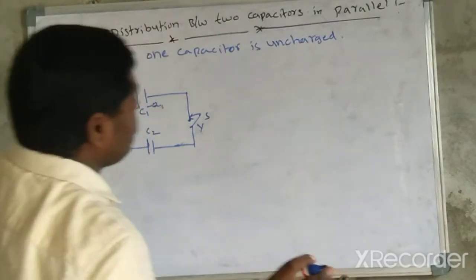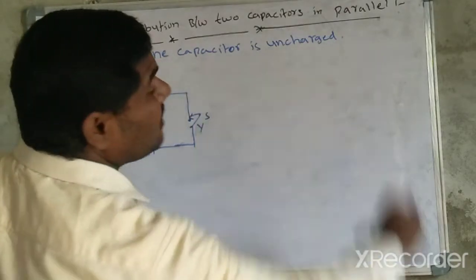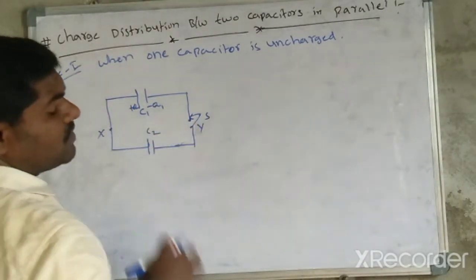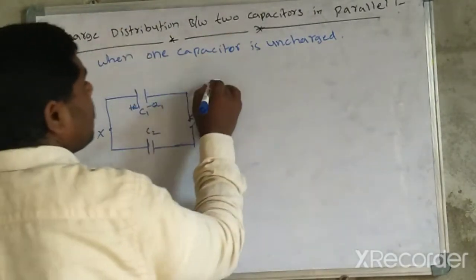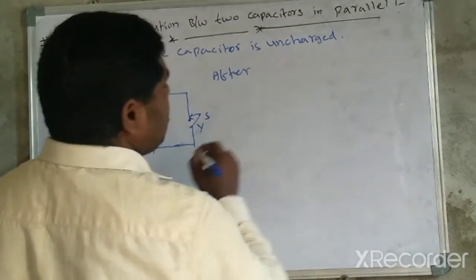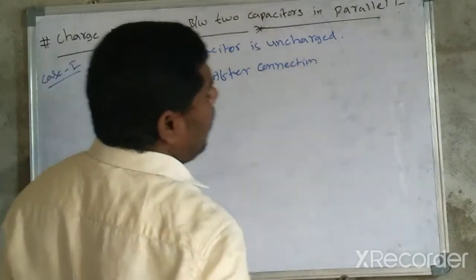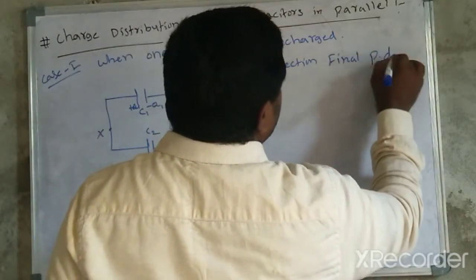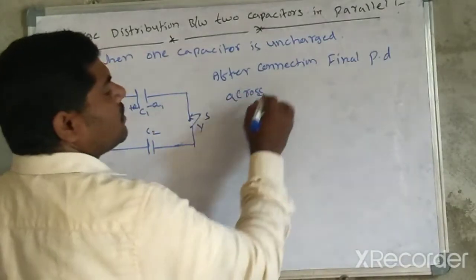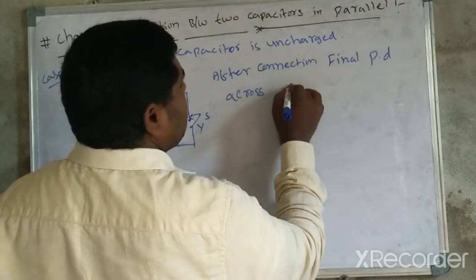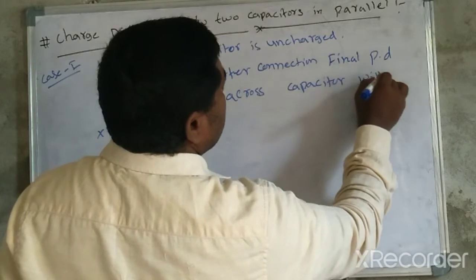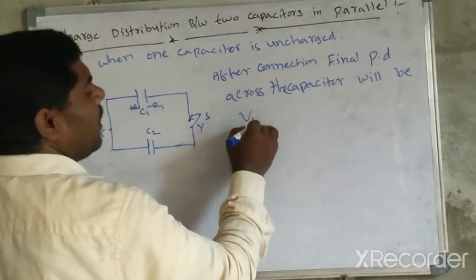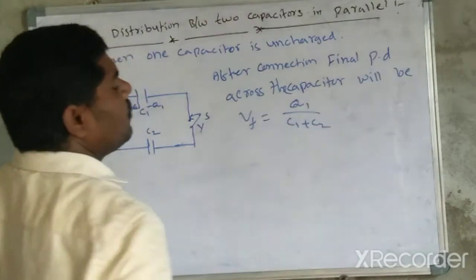Here there is no charge on C2, because in the first case, when one capacitor is uncharged, only C1 is charged. After the switch is closed, after connection, the final potential difference across the capacitors will be V final equal to Q1 by C1 plus C2.